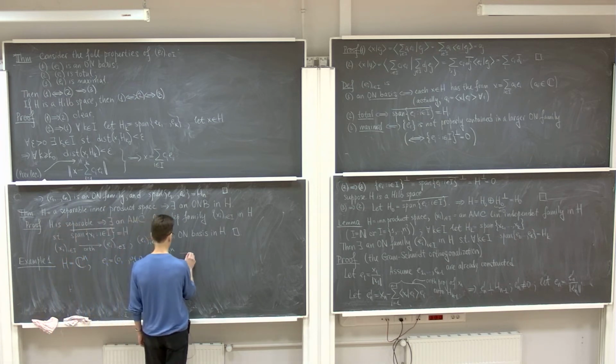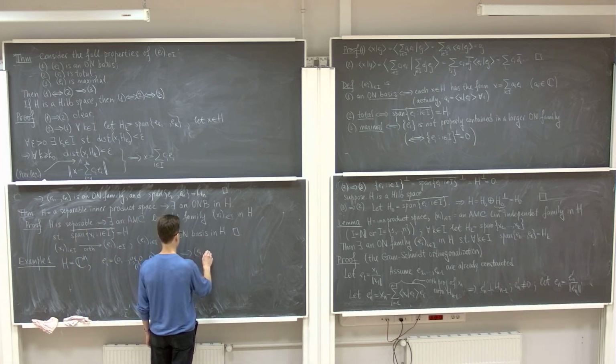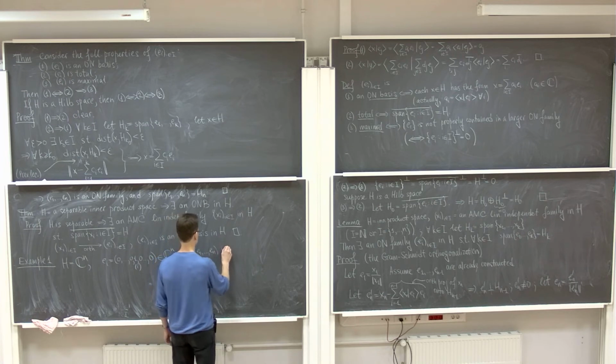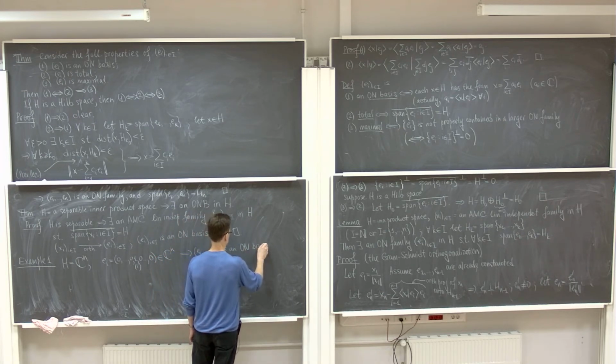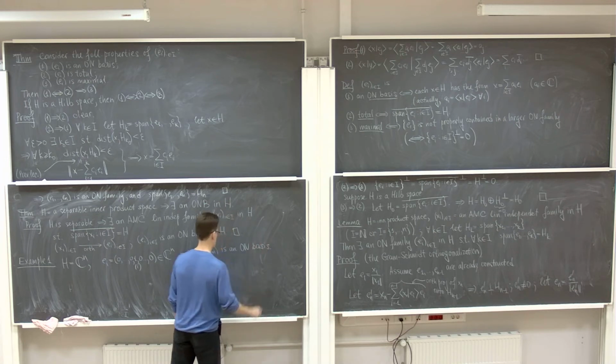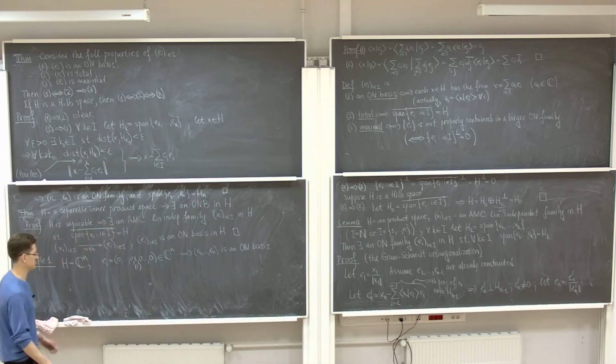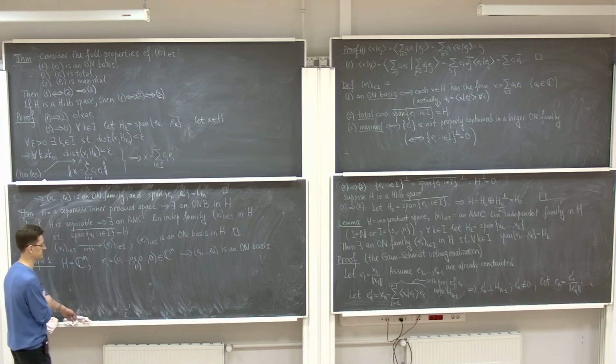So it's clear that E1 to En is an orthonormal basis. It is obviously orthonormal, and it's even an algebraic basis of H. So each element in H is a finite linear combination.